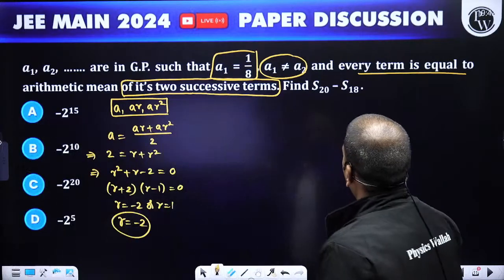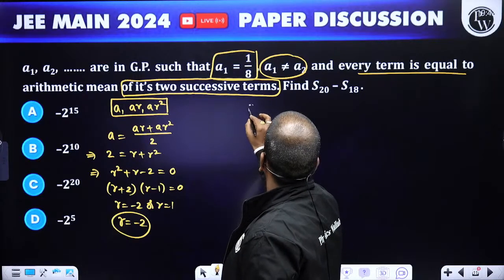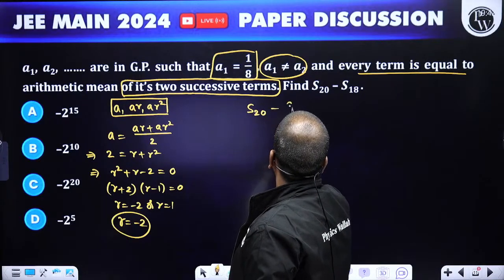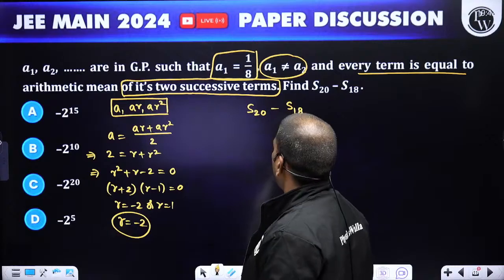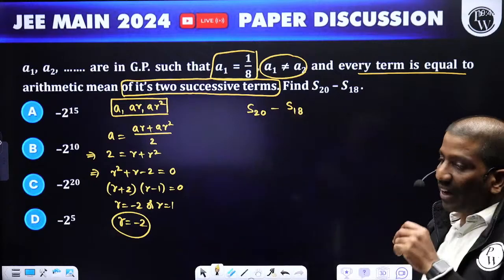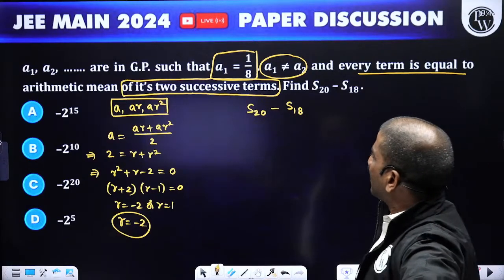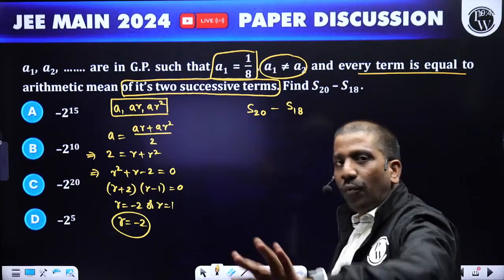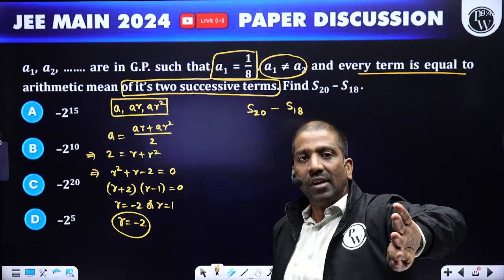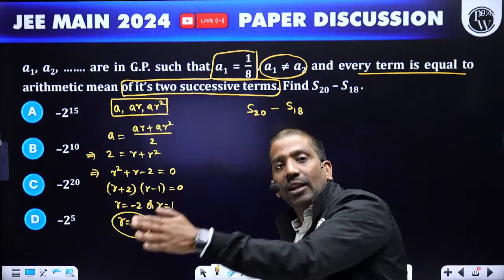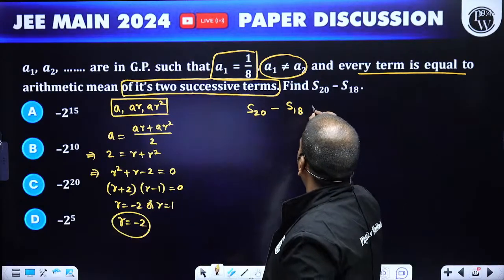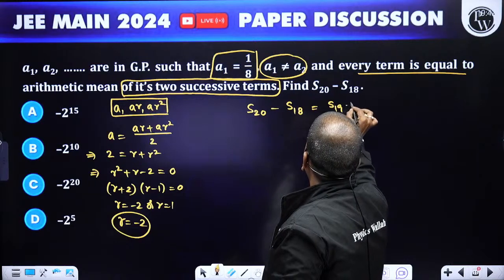Now what we need to find? S20 minus S18. What is S20 minus S18? Logically observe: 20 terms added and 18 terms subtracted, you will just have S19 plus S20, the 19th and 20th terms.